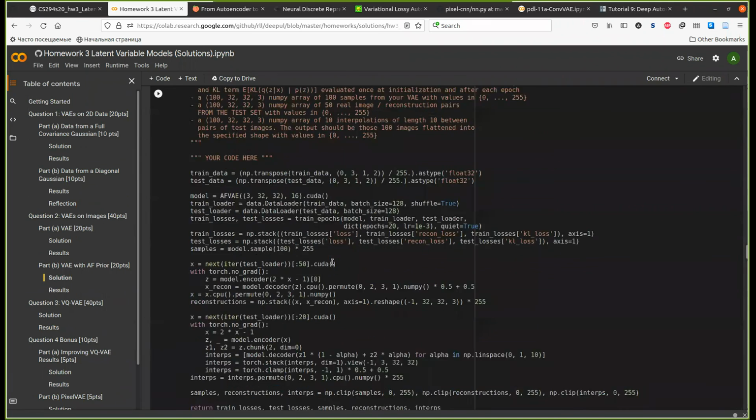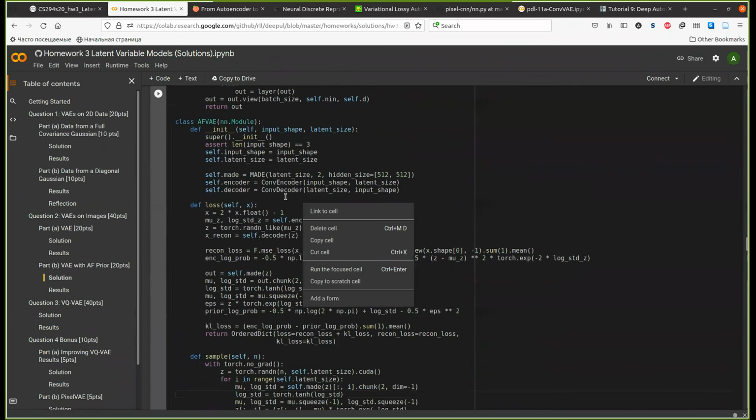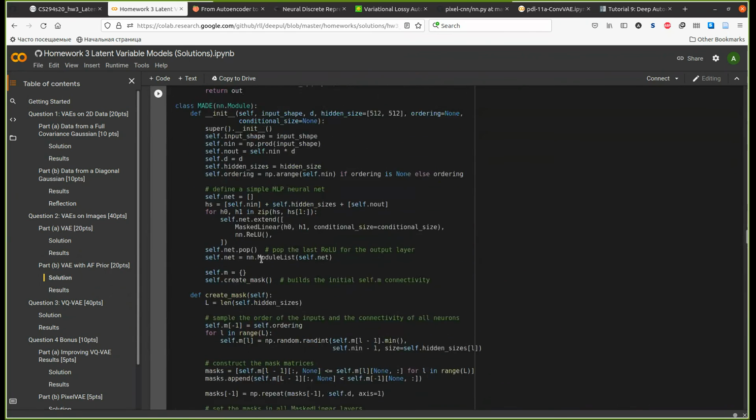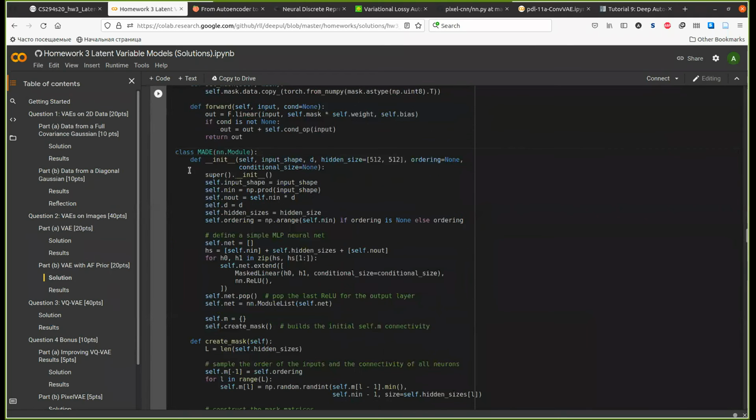So we will have a look at what this variational autoencoder with autoregressive flow helps us to do. So first, what will our flow be? Well, the flow is modeled with a simple MADE. If you remember the first lecture, MADE is the masked autoregressive model, with a fully connected network underlying it.